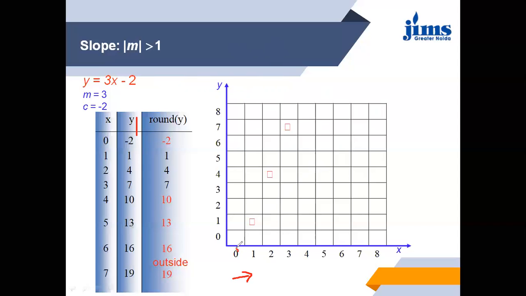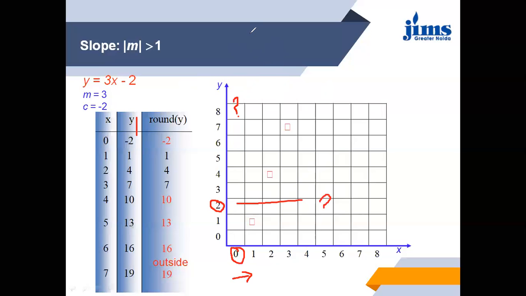Either I can choose the value of x coordinate and try to find out the position of y coordinate, or I can choose the y coordinate and find out the position of x coordinate.